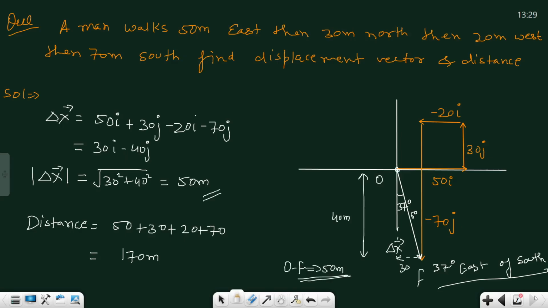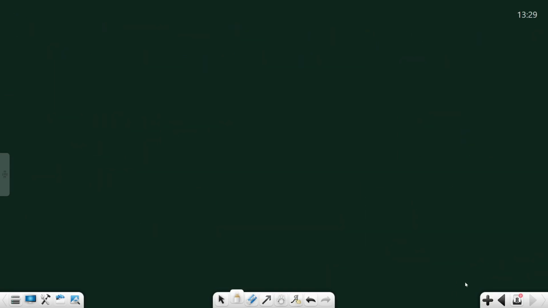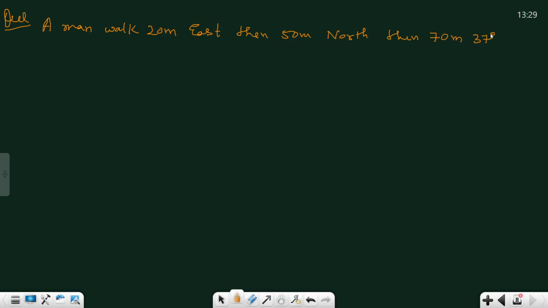चलो अब आएगा आपका एक ऐसा question जो that will be up to NEET level, है ना? जैसे आता है, a man walks 20 meter east, then 50 meter north, then 70 meters 37 degree west of south.